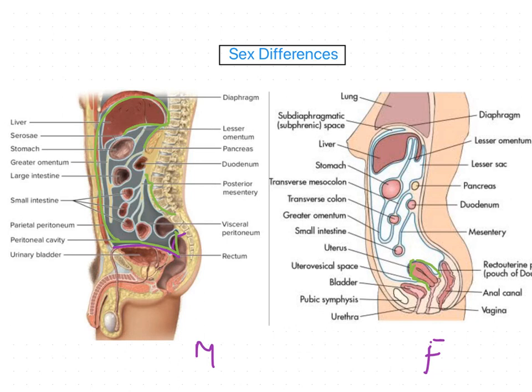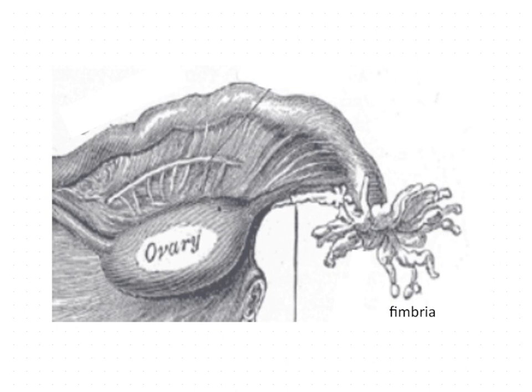The peritoneum covering the ovaries is lined by cubical epithelium, and the peritoneum covering the fimbria is lined by columnar ciliated epithelium. So this is the ovary, and this ovary is covered by peritoneum made up of cubical epithelium. This is the fimbria.